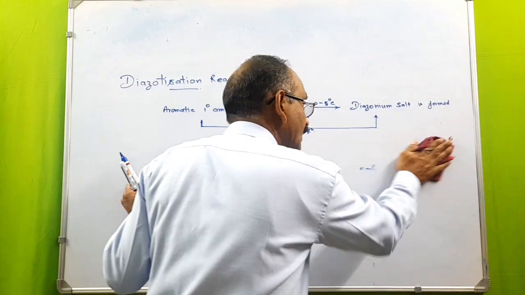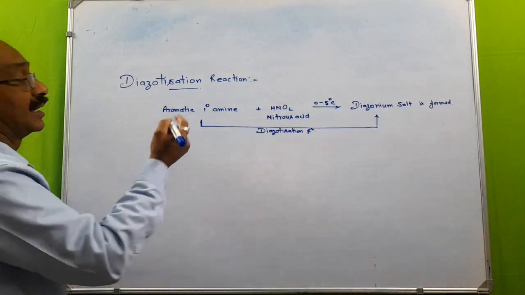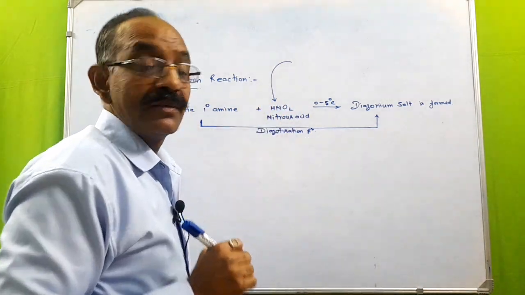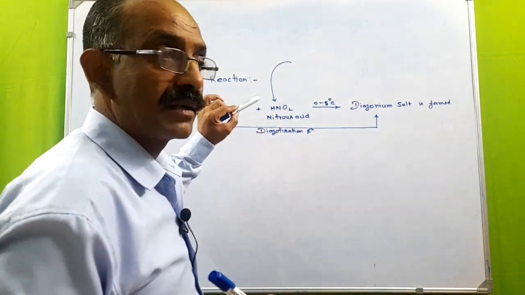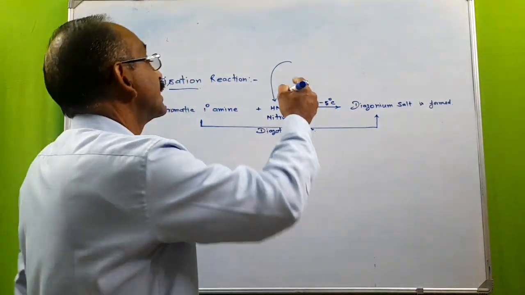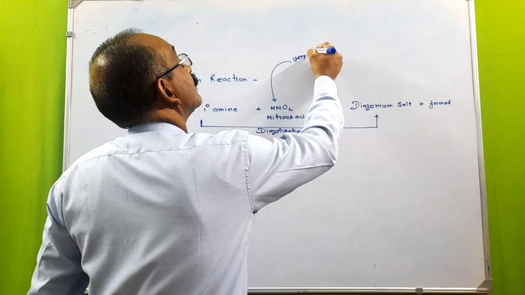Now, how to write this reaction? One thing more here. This nitrous acid, which is used as a reactant in this diazotization reaction, is also very unstable.